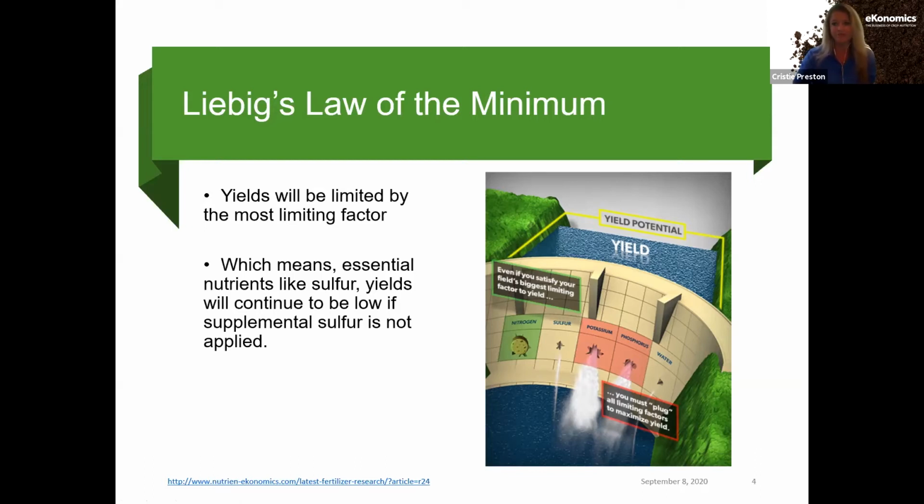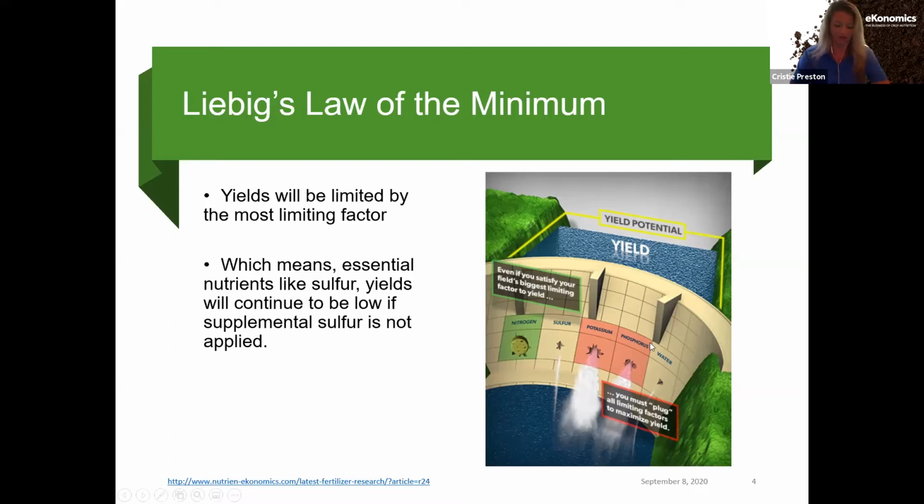What the law of the minimum means is that your yield is limited by whatever your most limiting factor is. I live in Kansas, so a lot of times it's water. Actually, for the past month up until this past week, we hadn't seen a drop of rain, so water might have been the most limiting factor, even though we've applied all these nutrients.